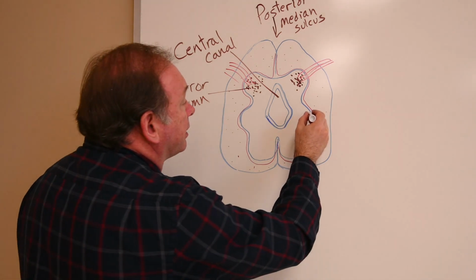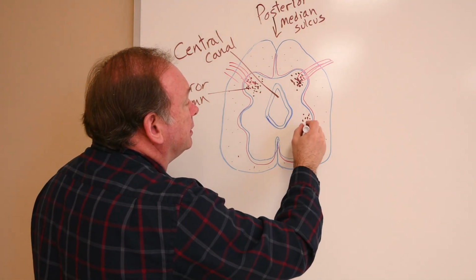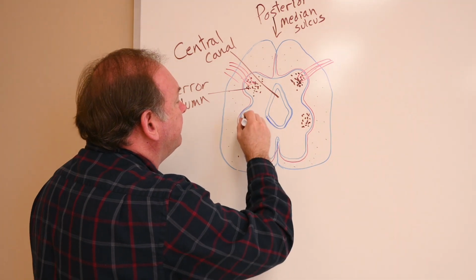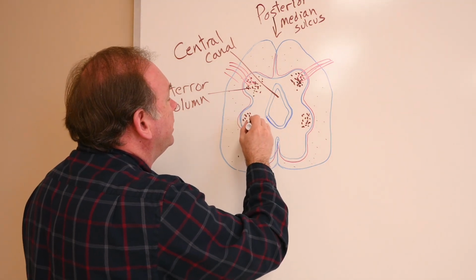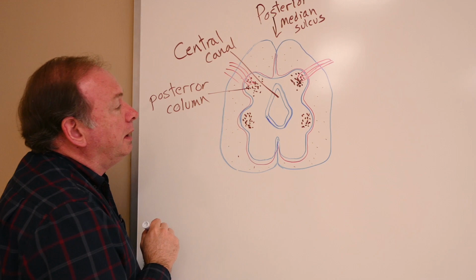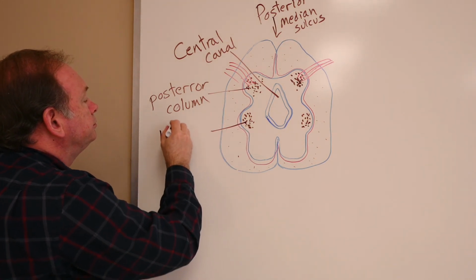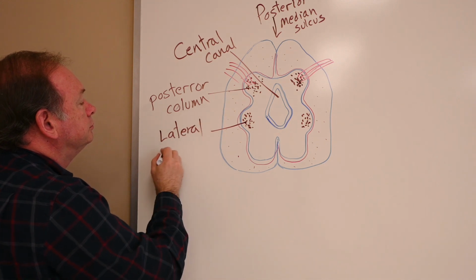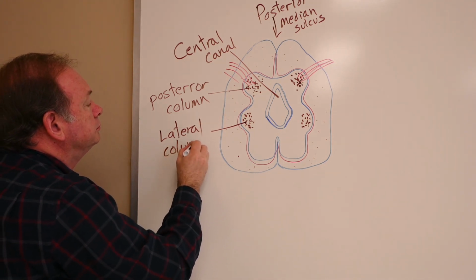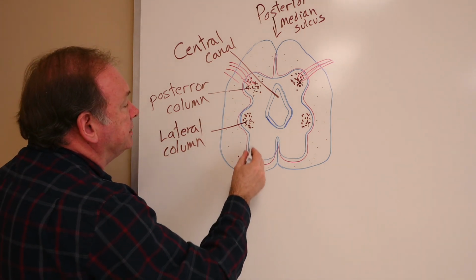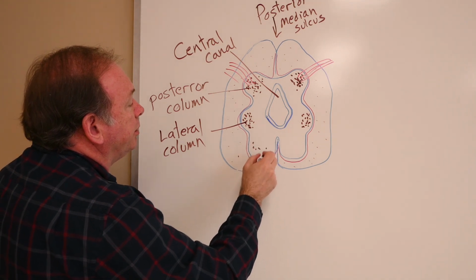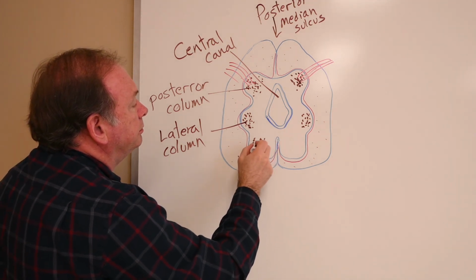There's going to be another column of neurons located kind of in between the posterior and the anterior column. And we call that the lateral column. And as I said, this down here is going to be the anterior column.